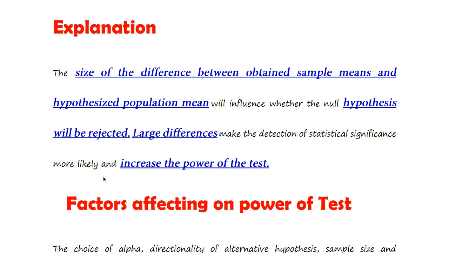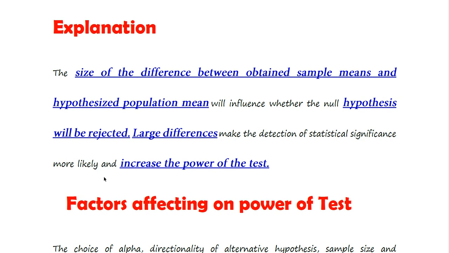If we deal with the problem of mean, the difference between the sample mean, which we use to calculate the test statistic, and the hypothesized population mean, which we want to test, if their difference is larger, it leads to rejecting the null hypothesis, and a larger difference also increases the power of the test.